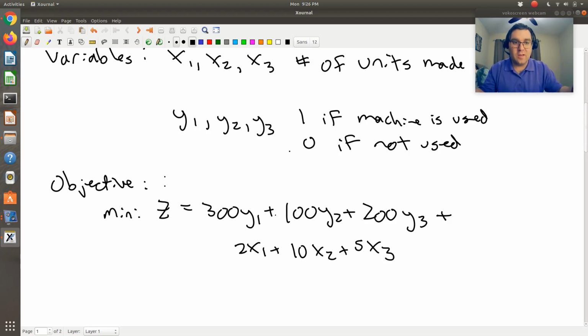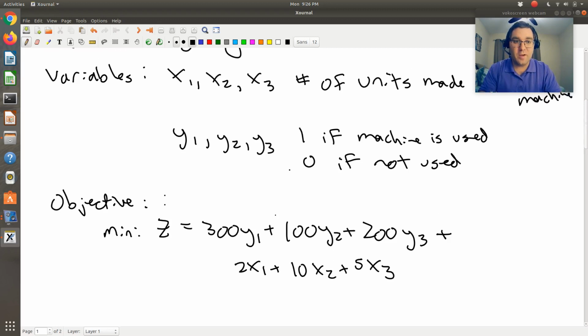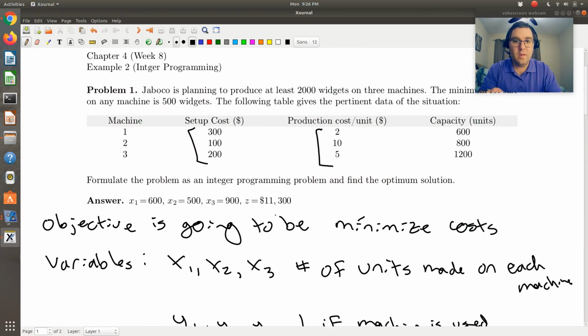It would just get assigned a weight of 0 in my objective function, which wouldn't be fully right. So we'll account for the fact that if y1 is equal to 0, x1 must also be equal to 0 within our constraints. Again, we'll piece this together piece by piece. So first, there's my objective. Okay, cool.